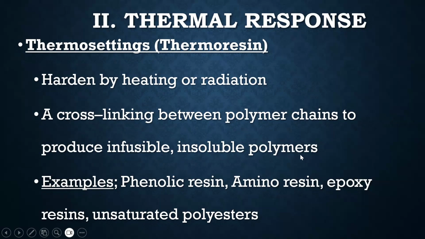So the structure of the polymer is changed by heating and radiation. That's why it becomes harder, like the resins, in general, like phenolic resin, amino resin, epoxy resin, and unsaturated polyesters.